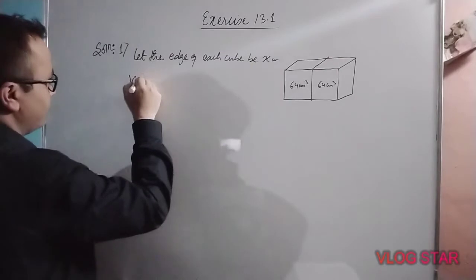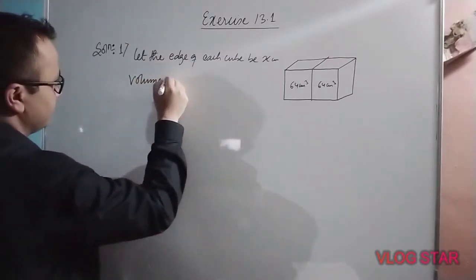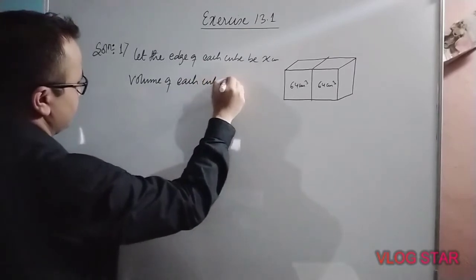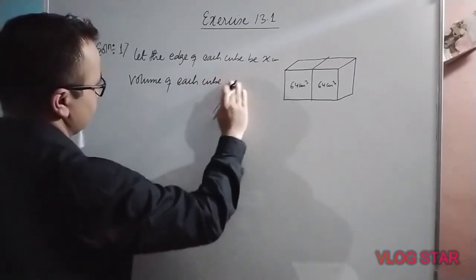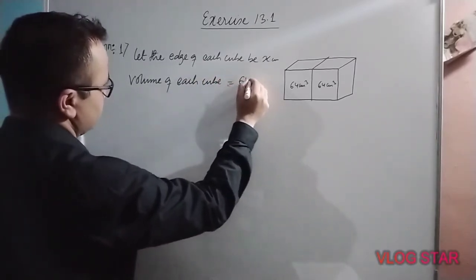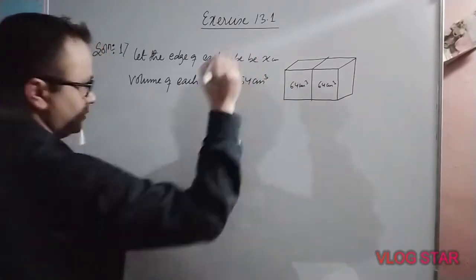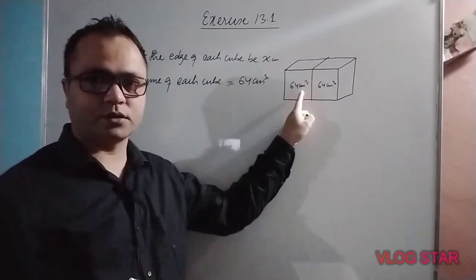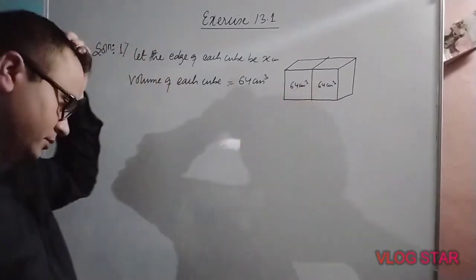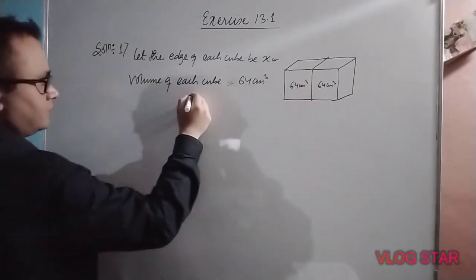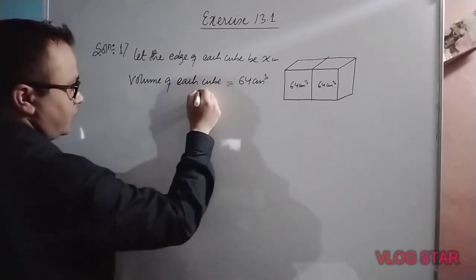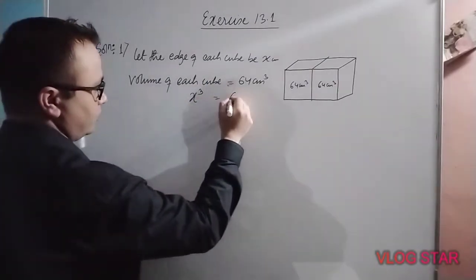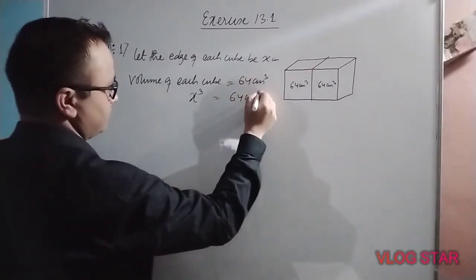Now we put the formula for the volume of a cube: x cube equals 64 centimeter cube.